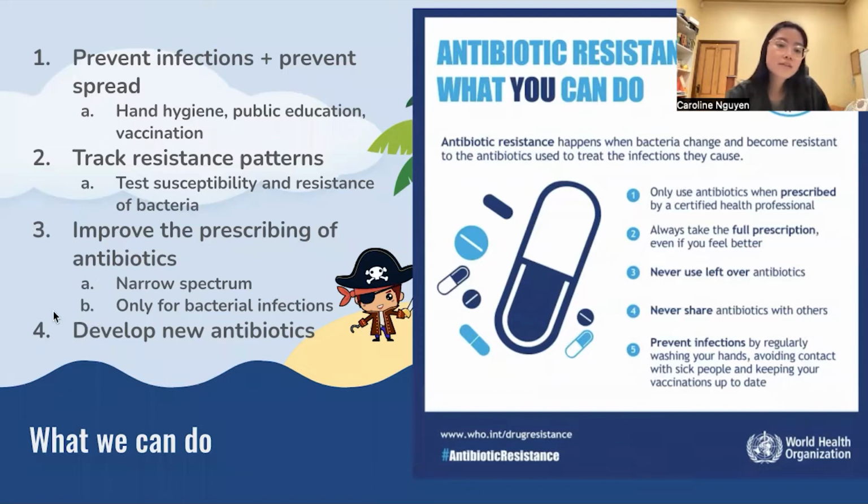And then for developers, also to develop new antibiotics. For the public, it's to prevent infections, to prevent the spread, to practice proper hand hygiene, public education of hand hygiene and infection prevention, and vaccination.